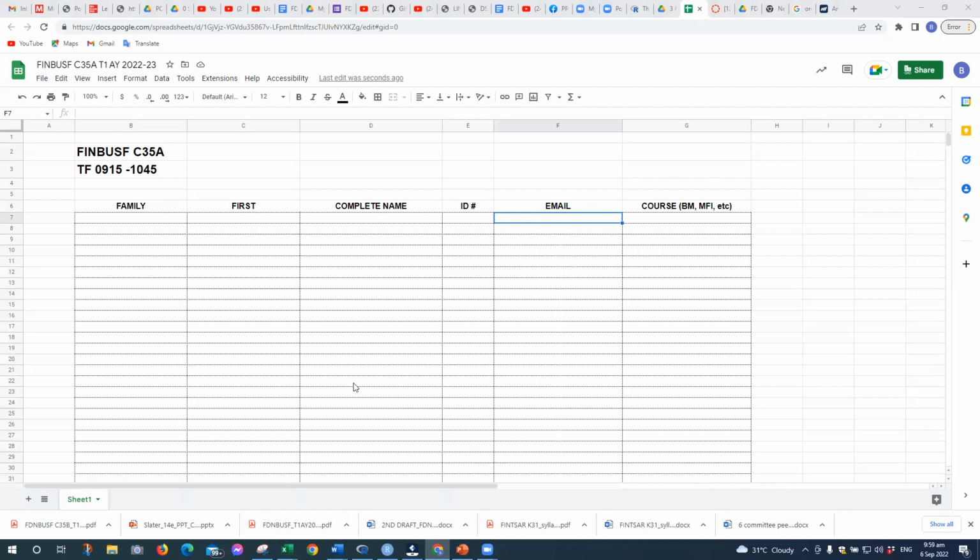Kindly open it and put in your details here. Complete name, the family name, comma, first name. The course, just the acronym for your course, for example BM or MFI.